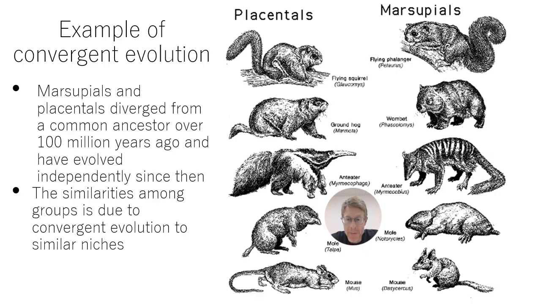Okay, the common ancestor of anteaters in Australia and placental anteaters did not look like an anteater, right? So those evolved independently, and so this is just an example of trying to explain convergent evolution and why it's a problem, or has been a problem, in traditional classification. Now, if we classify using genetics, we don't have this problem as often.